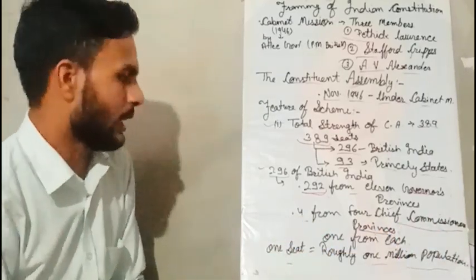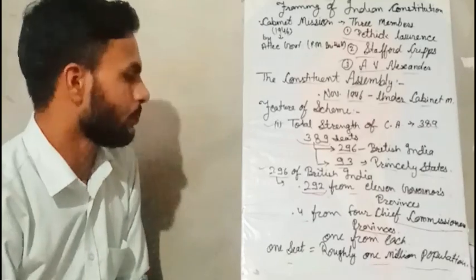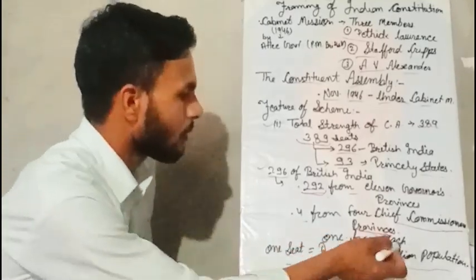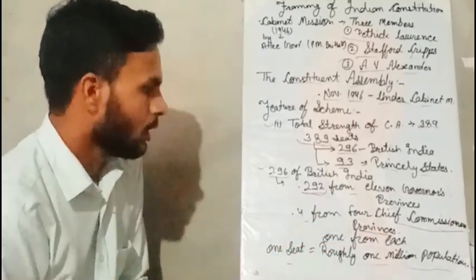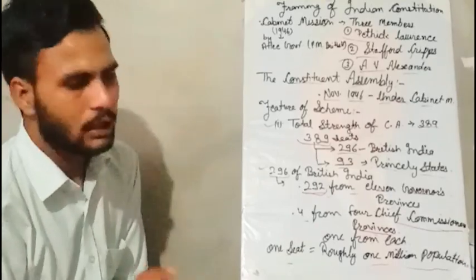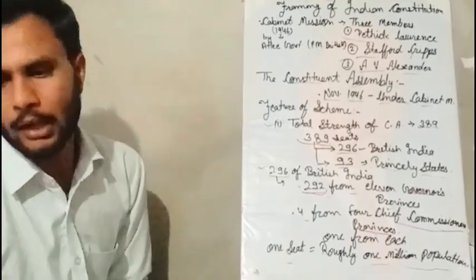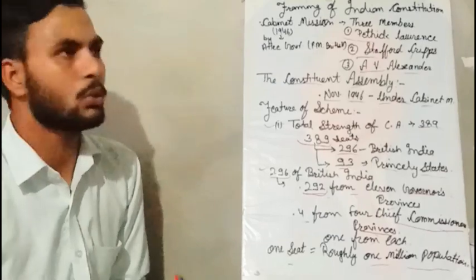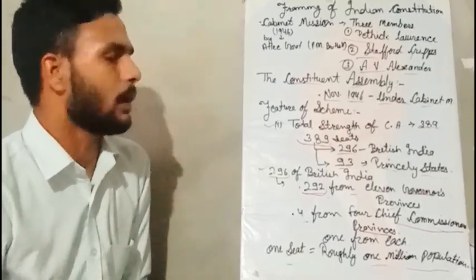That's all I want to convey. Then I will tell you more about the Constituent Assembly. Now I have to erase the board, so if you want to write it down, you can pause the video.